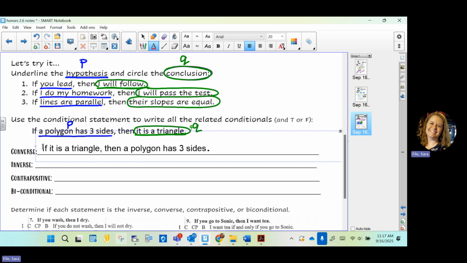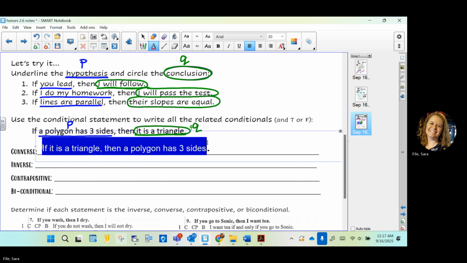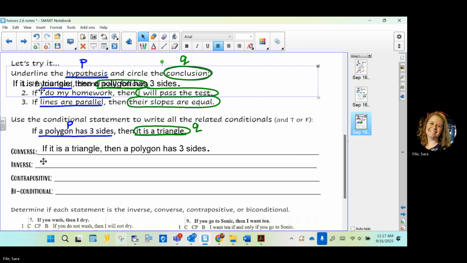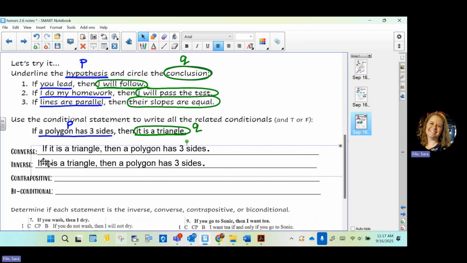Okay, let's do the inverse. The inverse is going to negate the original statement, the original P and Q. So the original P is a polygon has 3 sides.